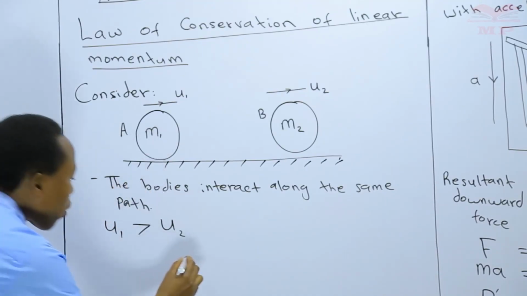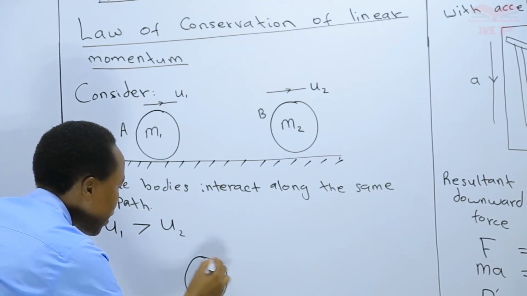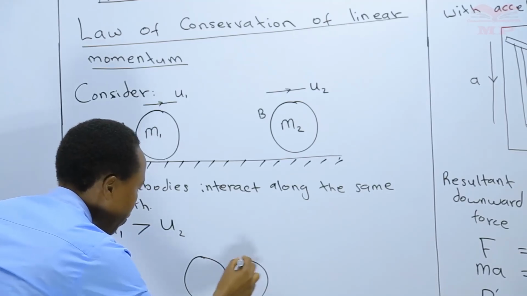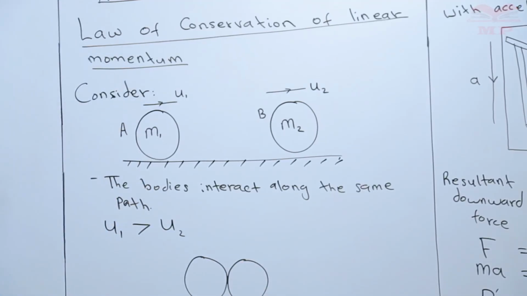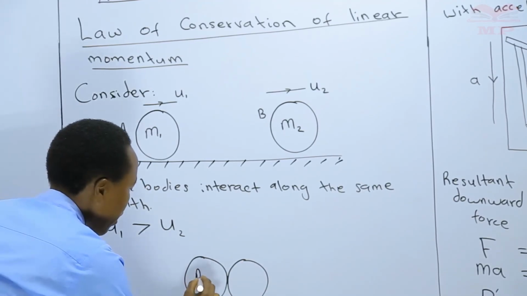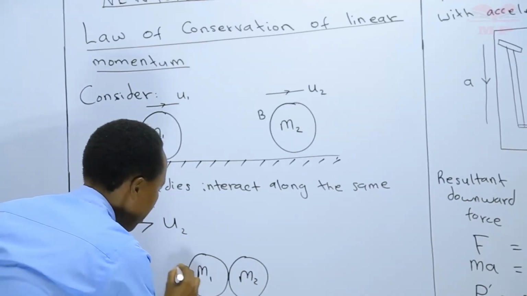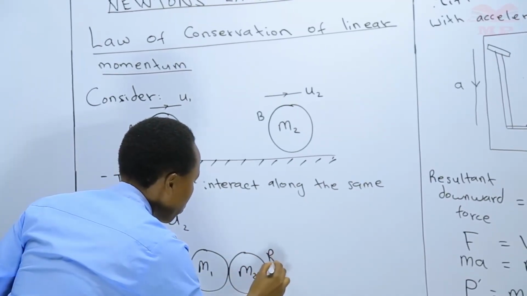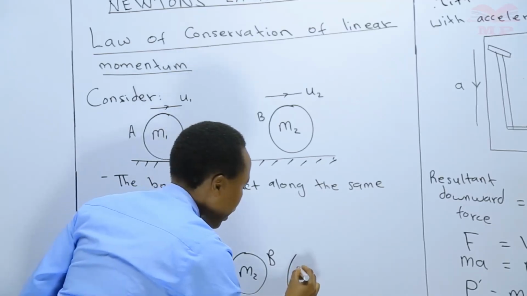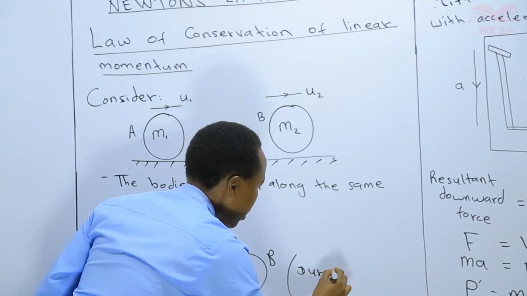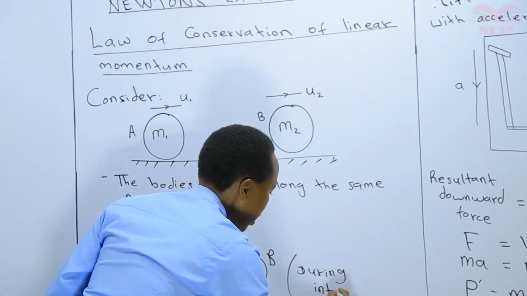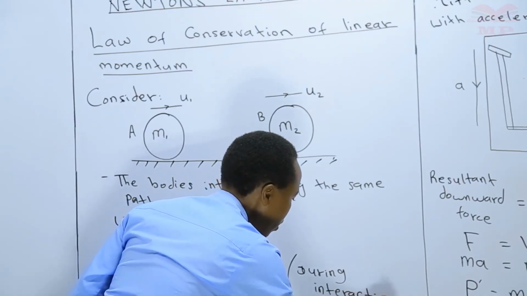So we have them colliding or interacting. The two bodies will first interact over a short time. So we have M1, M2. This is body A, body 2. So here it is during the interaction.